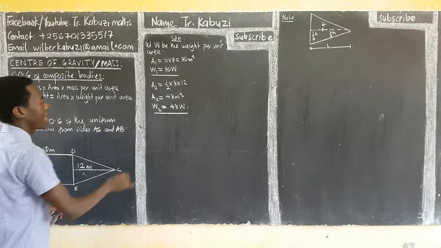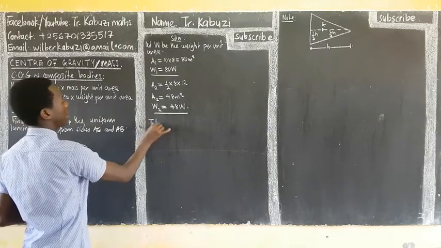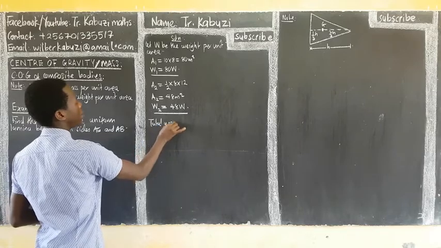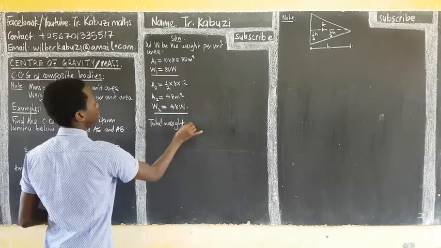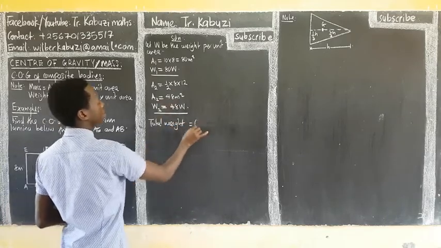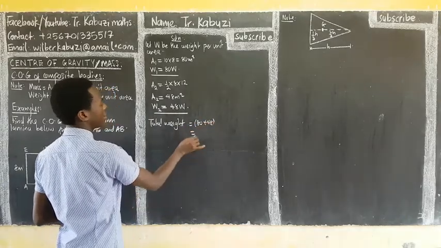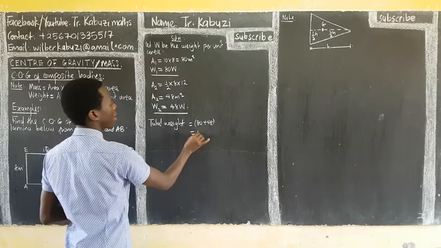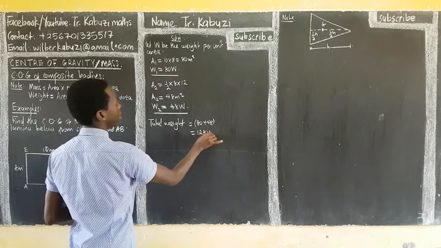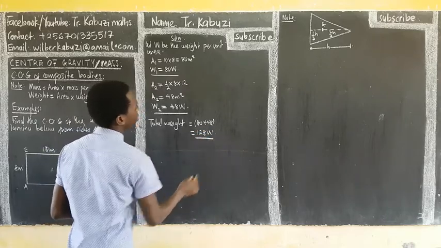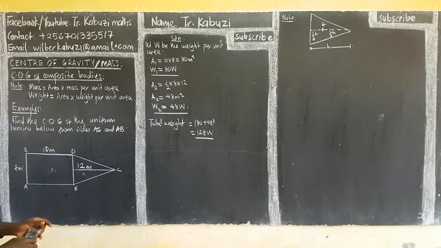So now I get the total weight, which is going to be, I add these two, 80 plus 48, which is going to give me 128 W. And this is the total weight by unit area. So the whole laminar now has this weight.